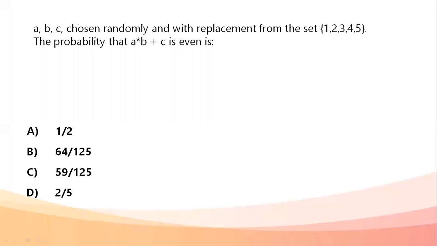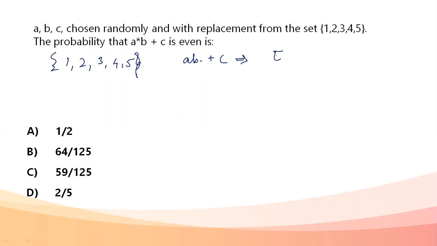Okay, so the set that is given to me is 1, 2, 3, 4, 5. A into B plus C is going to be even when both of the terms are either even plus even, or odd plus odd.